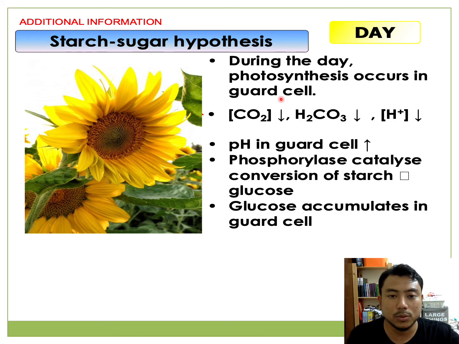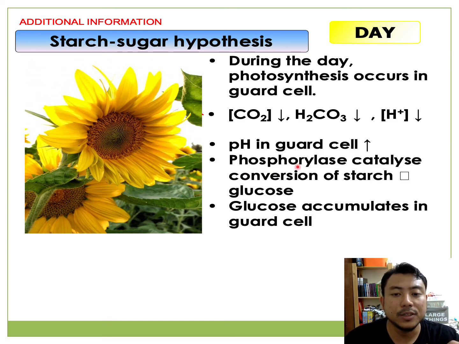During the day, photosynthesis occurs in guard cells. So low CO2, because the CO2 is used by photosynthesis. So low bicarbonate ions, carbonic acid, and low proton ions. So the pH in the guard cells increases because of low hydrogen ions.